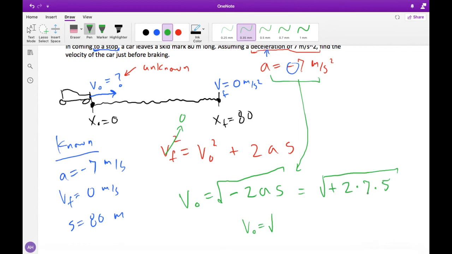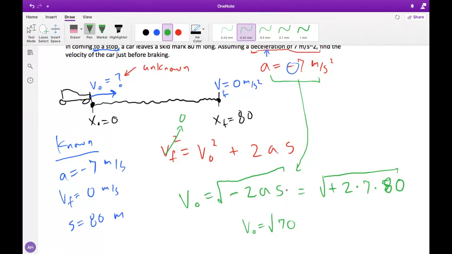So that's going to be the square root of 2 times 7, 14 times 5, 70. Oh, wait a minute, not 5. Where'd I get 5 from? It's supposed to be 80, right? So 80 is the displacement.